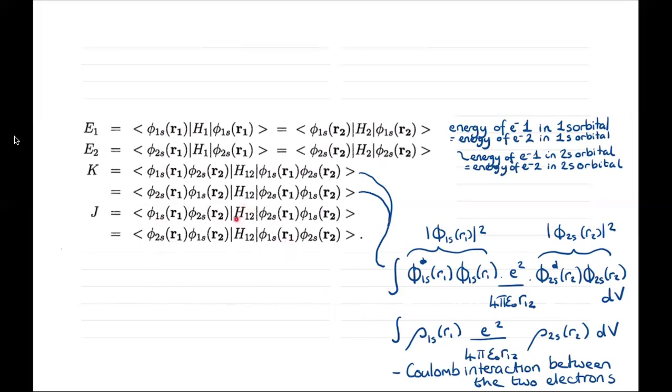The interaction is still the Coulomb interaction between the electrons, but they've been exchanged. The orbital that they are occupying has been exchanged, or if you like, the electrons have been exchanged between the two orbitals. And this term has no classical analog. We call this the exchange interaction.